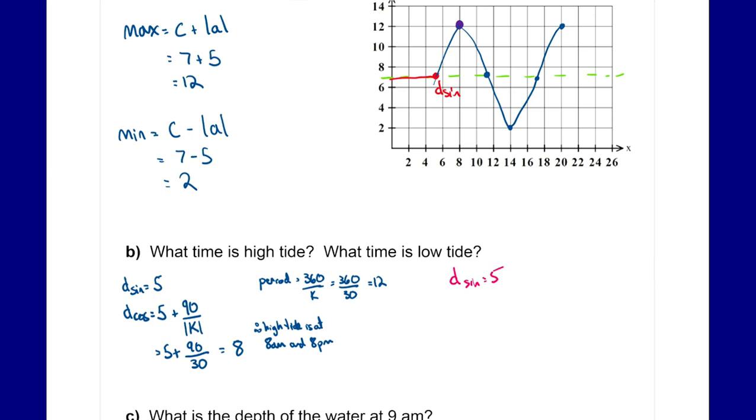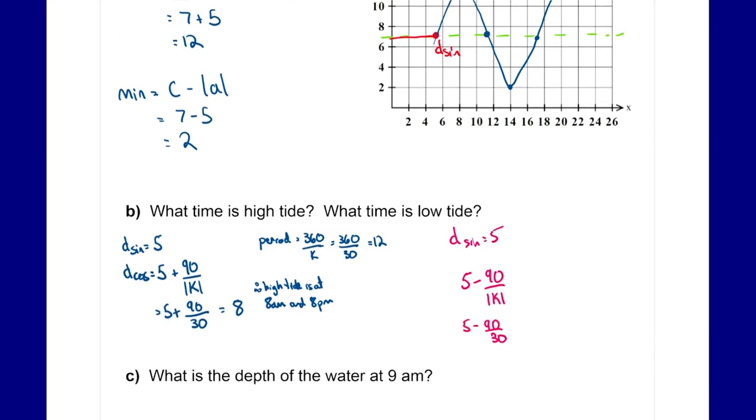So if I do 5 minus 90 divided by the absolute value of k, or 5 minus 90 divided by 30, we get 2. And with a period of 360 divided by 30, or 12, that means every 12 hours.